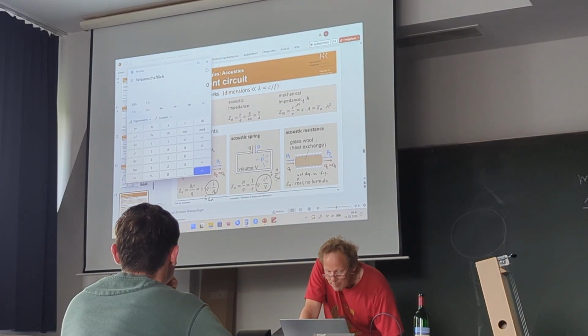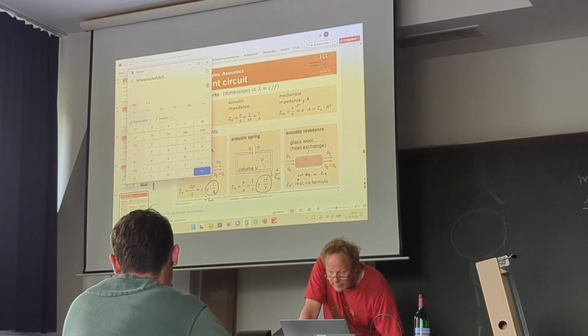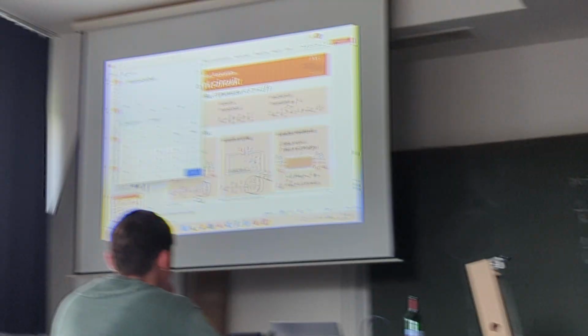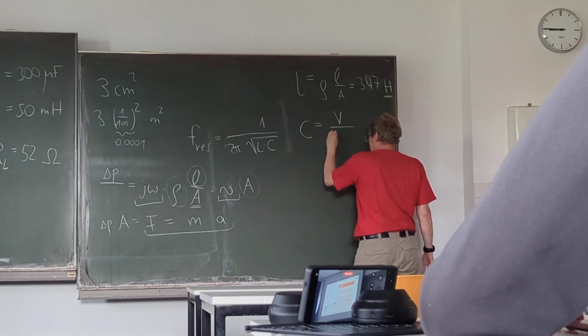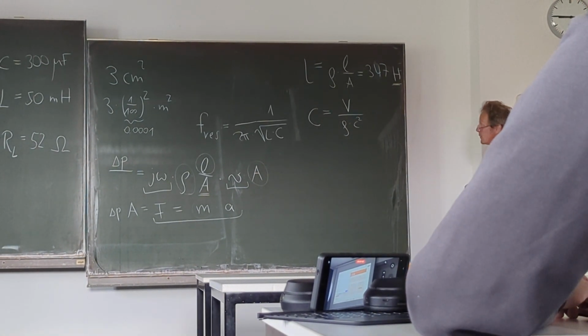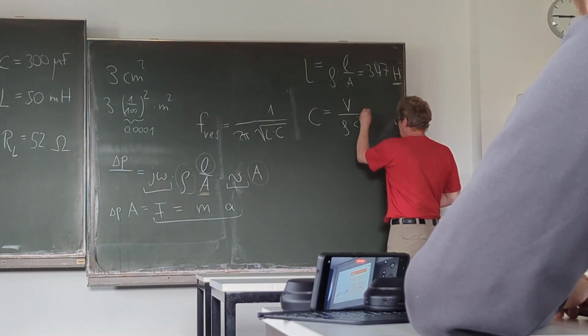So the capacity itself would be volume divided by rho and C squared, where C is the speed of sound.